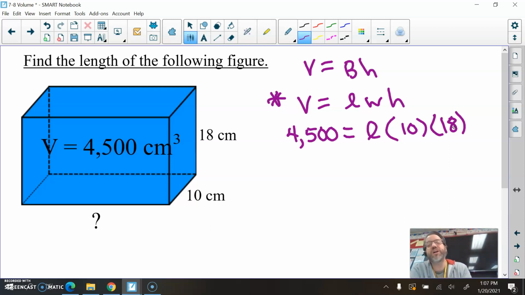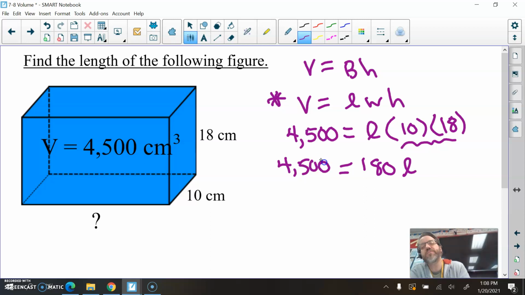Some people would just start with 4,500. They would enter that in their calculator, and then they would divide by 10, and then they would divide that by 18, and they would get their answer. And that works great. You can do that. But I think what most people would do is they would multiply 10 times 18. That's 180. So 180 times that length will equal 4,500. That's our total volume for this prism.